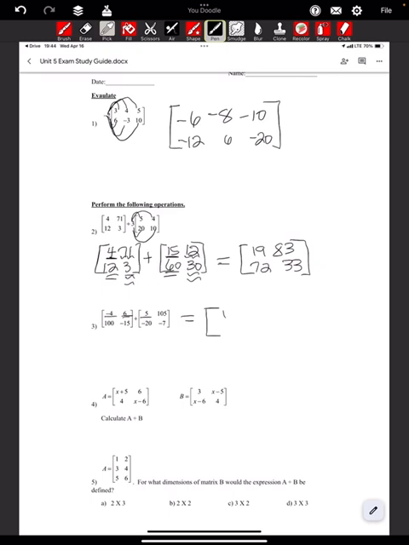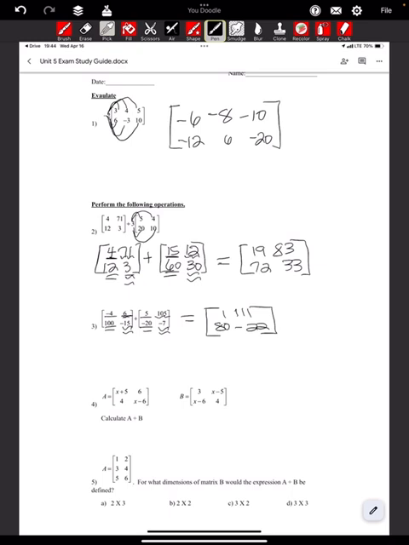Then squiggly 6 and squiggly 105 to get 111. Then double line for 100 and negative 20 to get 80. And then double squiggly for negative 15 and negative 7 to get negative 22. All right? So that's number 3.